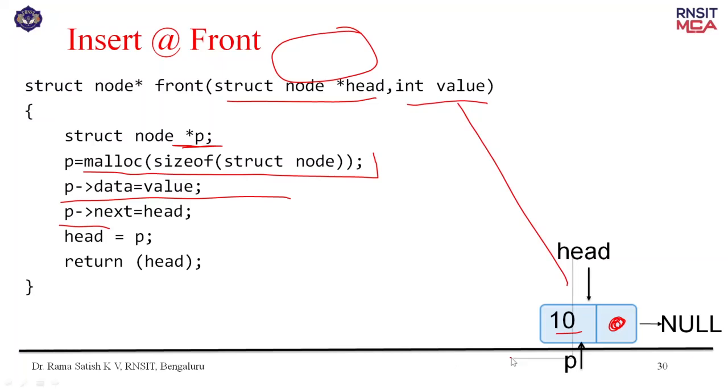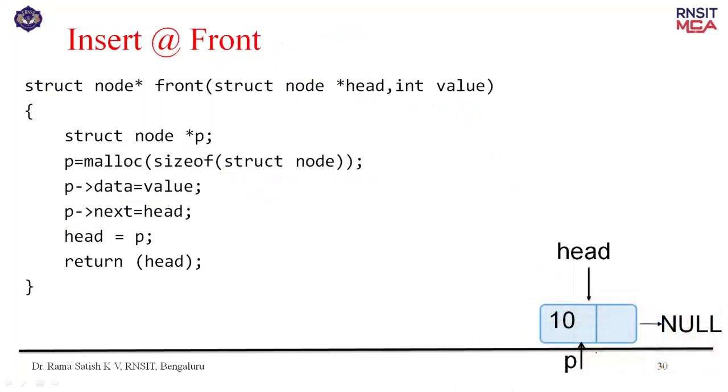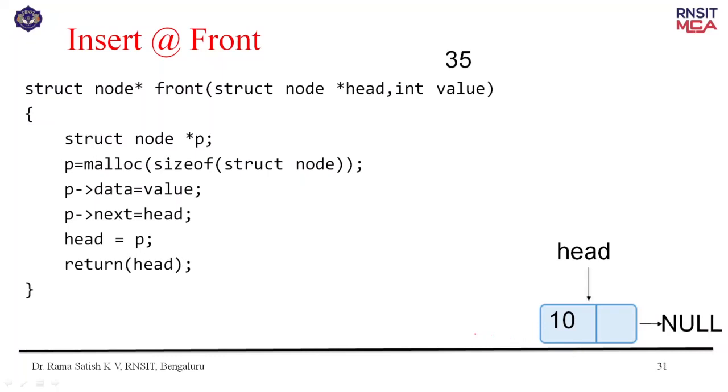Of course, next time the user will send some other data into the function, say 35. 35 is the value that has to be put in the node, and later it has to be inserted in front of the linked list.